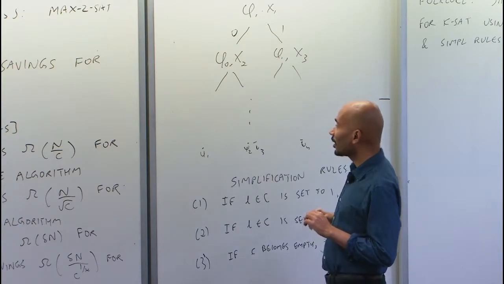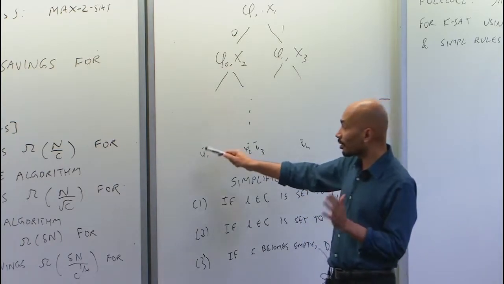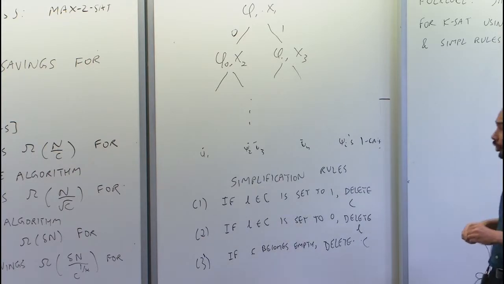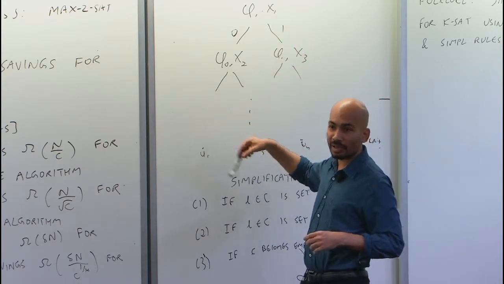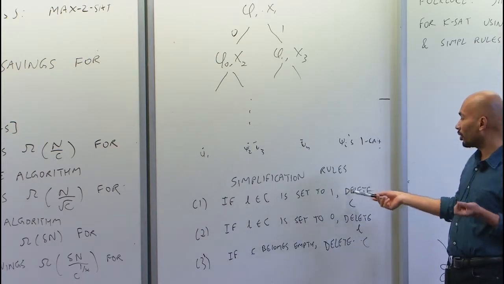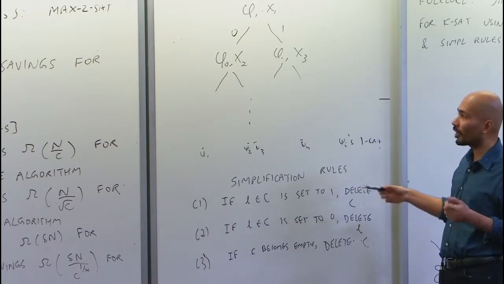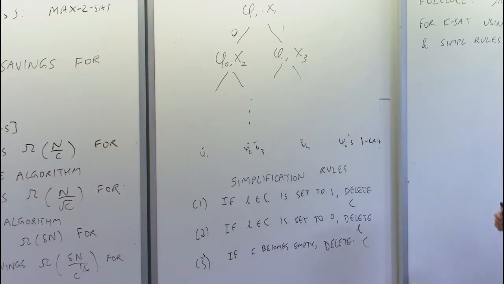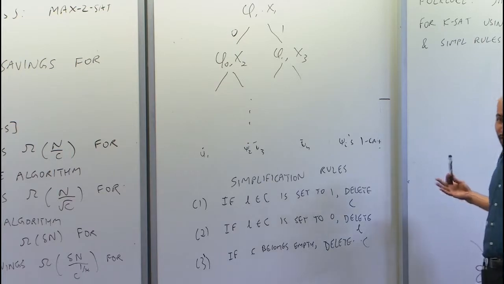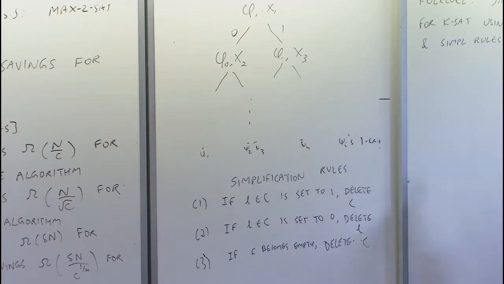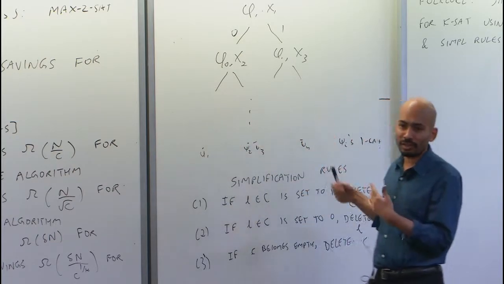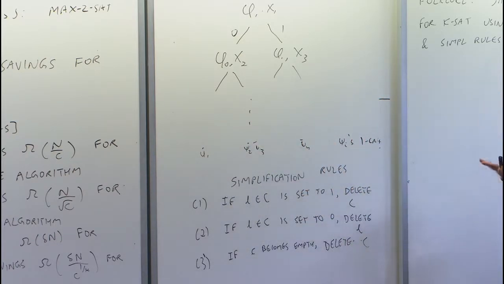So there's 2 things. The first is that with this notion of a leaf, you can solve MaxSat in polynomial time for the leaf. But also you're preserving information all along the tree as you're branching. Because when you're deleting a C for which the literal is set to 1, you keep track of the fact that that clause is satisfied. And similarly, when a clause gets deleted because all the literals are false, you keep track of the fact that it's unsatisfied. And thereby, at any node in the tree, you know how many clauses have been satisfied so far and how many have been falsified.